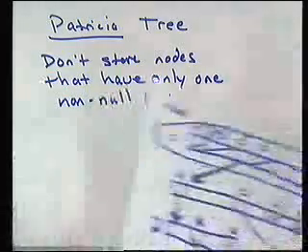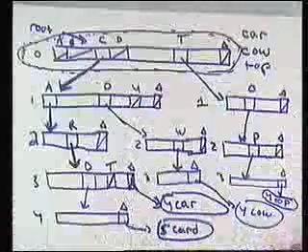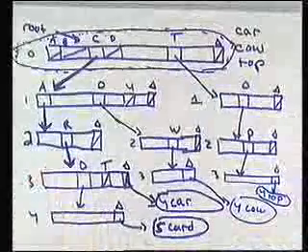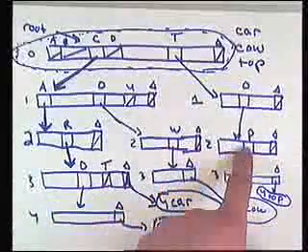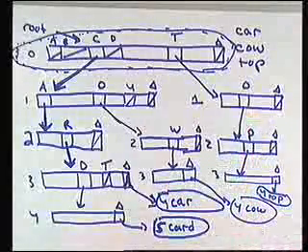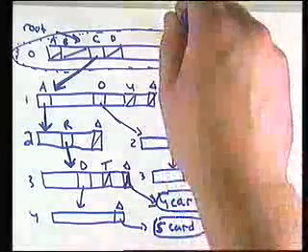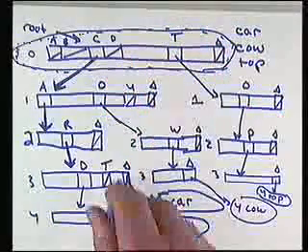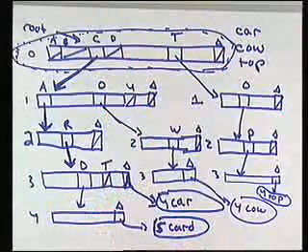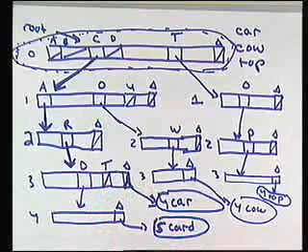And so in the tree we looked at, here's an example of a node with one non-null pointer. This node was, this node was, this node was. In fact, in this tree, the only useful nodes were this one here, which had 2 pointers active, this one had 2 pointers active, and this one had 2 pointers active. And everything else simply had 1 pointer active and could have, in a sense, been skipped.